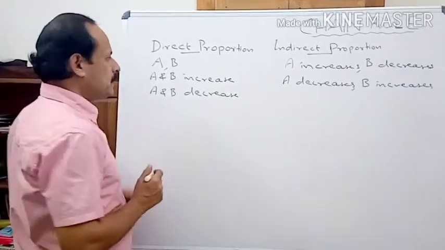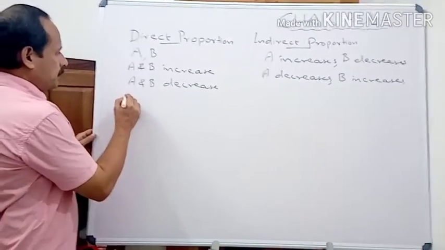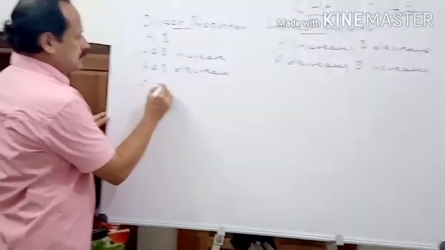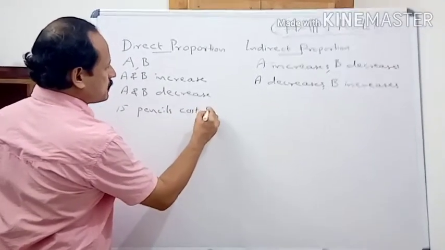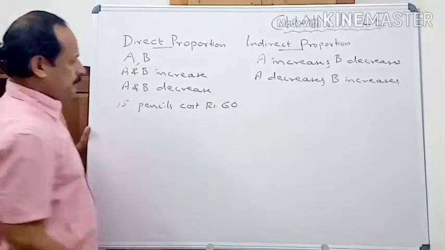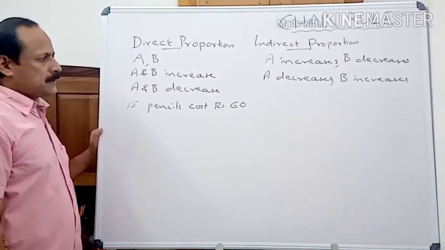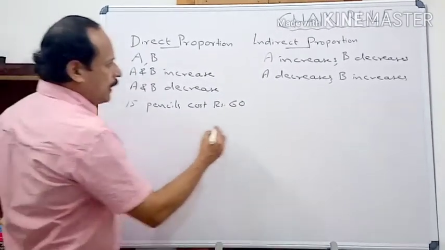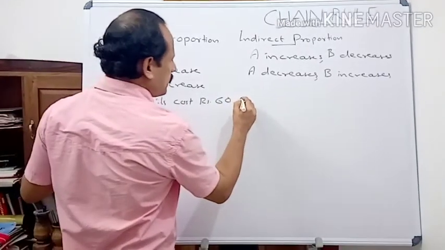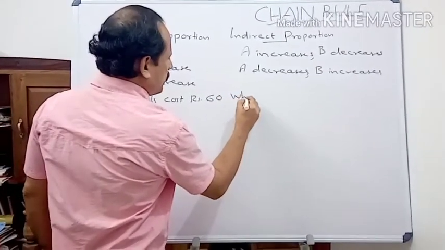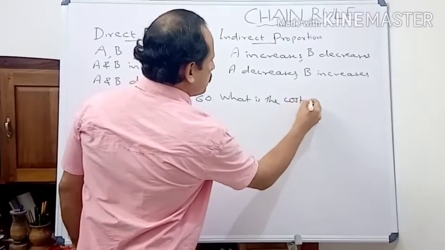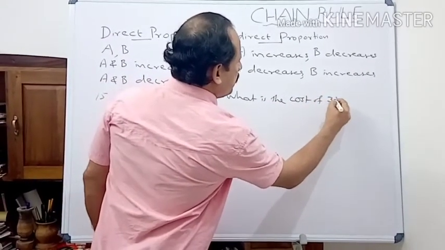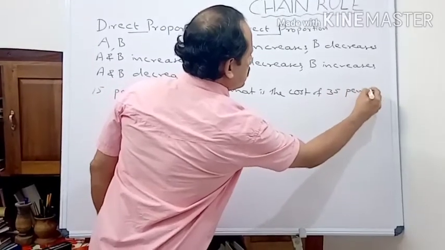For example, we assume that 15 pencils cost rupees 60, and the question is, what is the cost of 35 pencils?